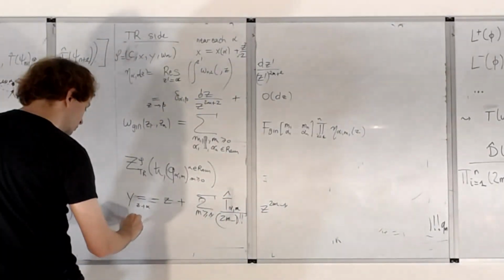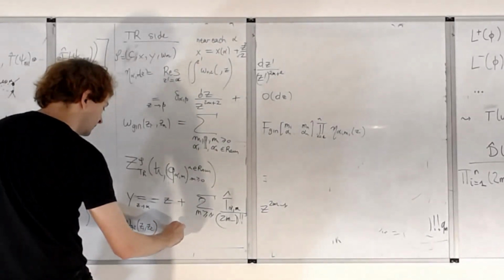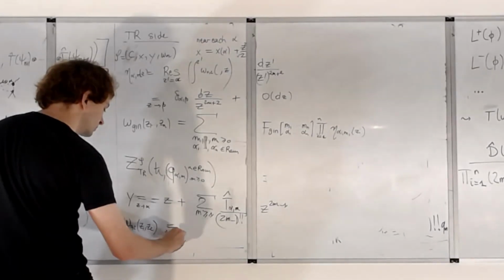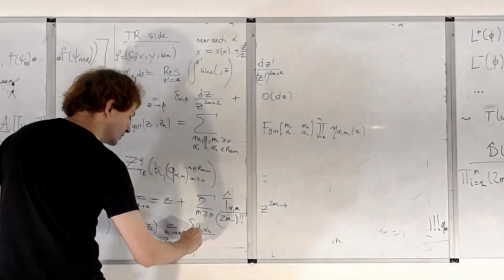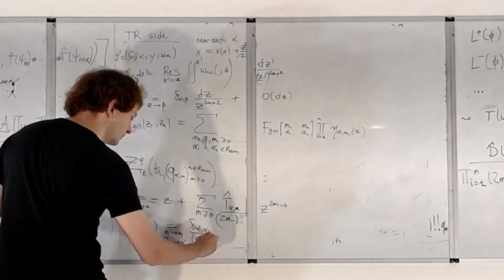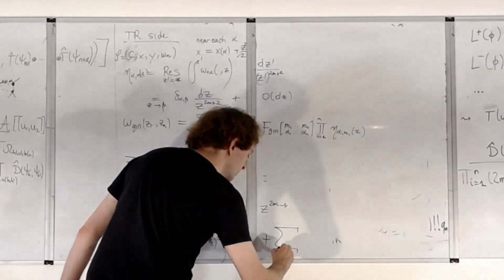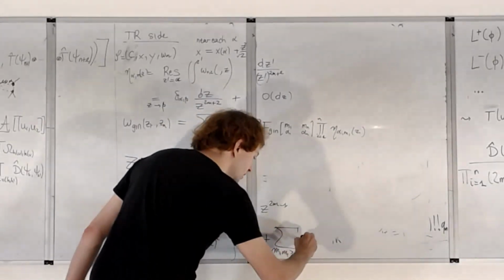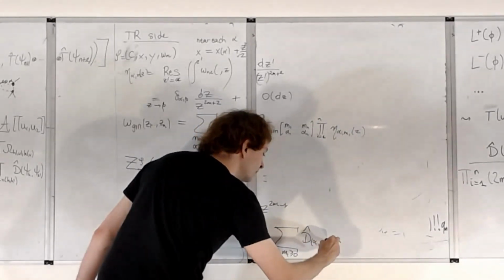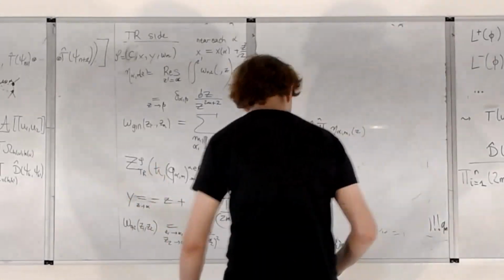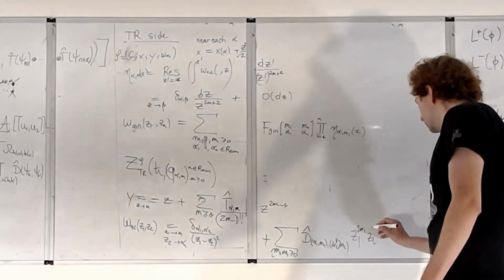And for omega 0,2, now when z1 goes to alpha 1, z2 goes to alpha 2, you have the double pole if the two points you expand near are the same point. And then you have a big sum over m1, m2, and some d hat alpha 1, m1, alpha 2, m2, z1 to the 2m1, z2 to the 2m2.